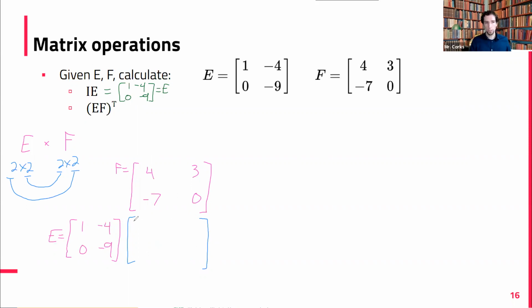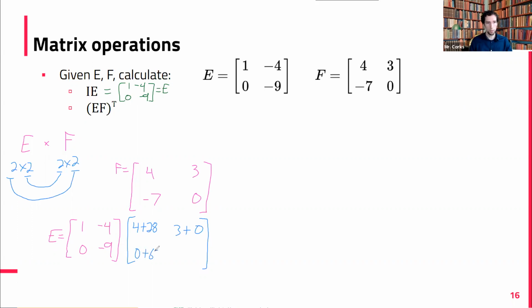So first position, can someone tell me the numbers? What plus what? 4 plus 28. All right, next position here. 3 plus 0. Next one. 0 plus 63.